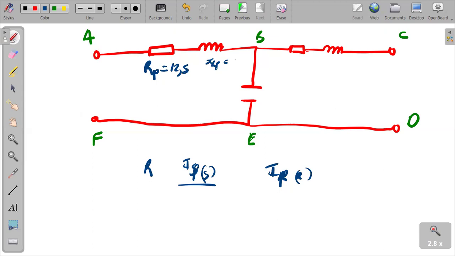So that will also be 40 ohms, because it's given as 80 from the information we read. Same applies, it repeats itself here. Our RP again is equal to 12.5, and our XLP is equal to 40 ohms, right, because we've divided them by 2.